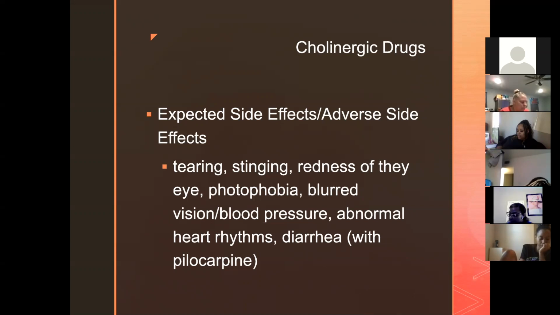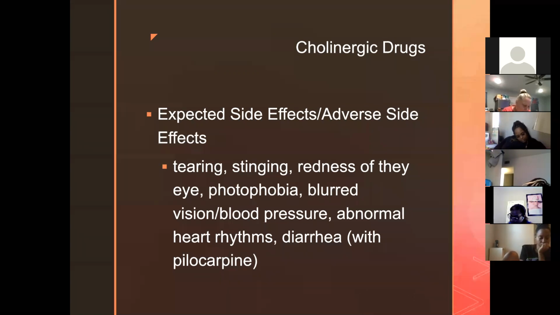So I would imagine, especially if a patient is in a facility or if they've had surgery, most likely they're going to have them on telemetry so that they can monitor their heart while beginning this medication, so that we can see if there's any abnormal heart rhythms coming from it, right? And if your patient is taking pilocarpine, however you're going to say it, they can have diarrhea with it, okay?